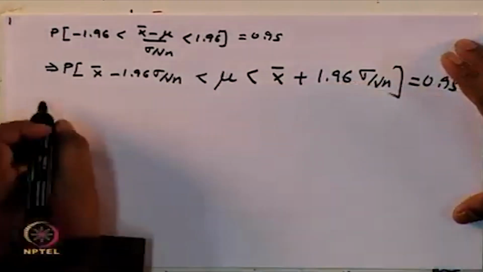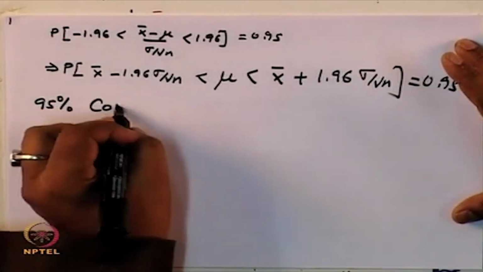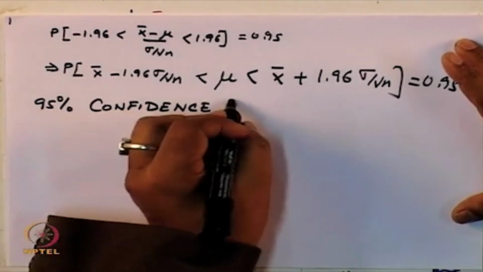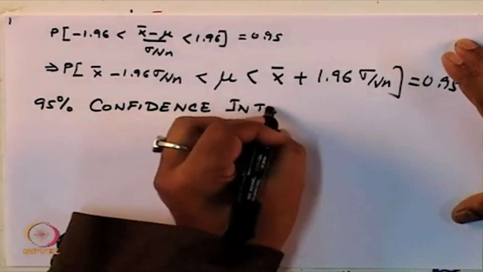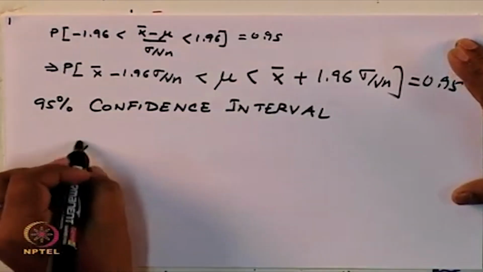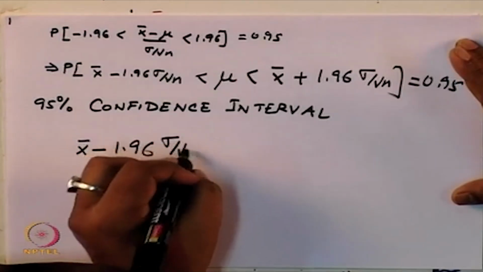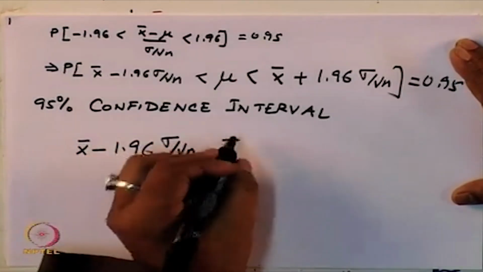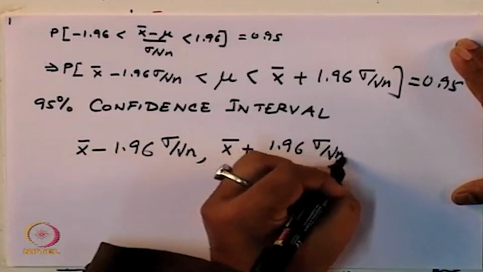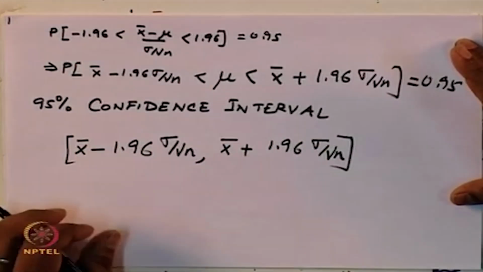In other words, the 95% confidence interval lies between x bar minus 1.96 sigma by root n and x bar plus 1.96 sigma by root n. So, this is your 95% confidence interval.